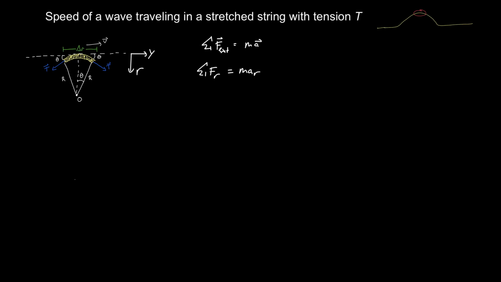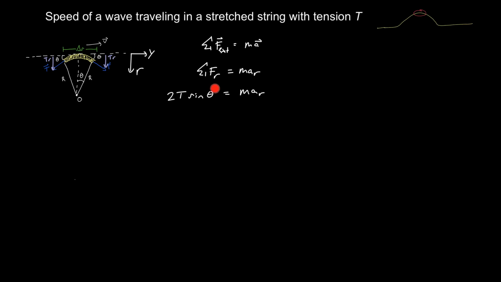One of those is this radial component of the tension, and this is the other one. So we have two components of the tension in that radial direction. And so this becomes 2 times the tension times the sine of theta equals mass times radial acceleration.